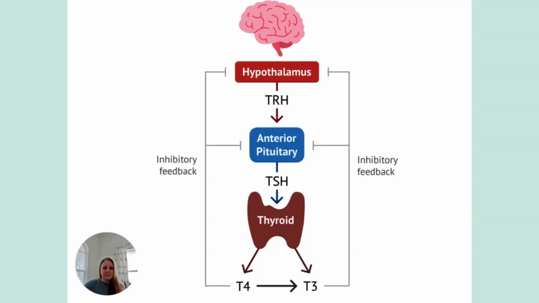When your body senses that it has enough T4 and T3 in circulation, a signal goes back to your brain that says, hey, don't release so much TSH. So your TSH will go down if your thyroid hormones, T4 and T3, go up.